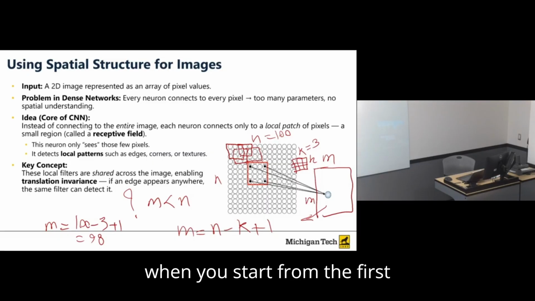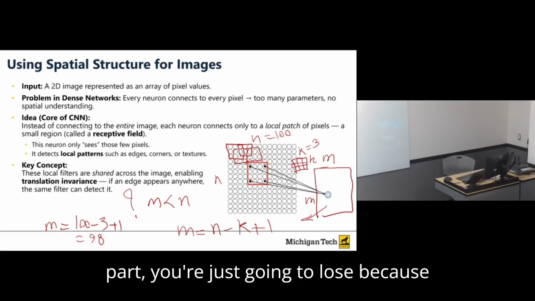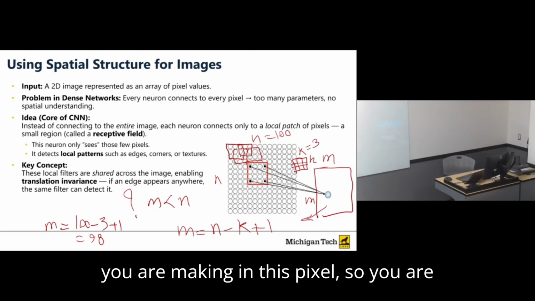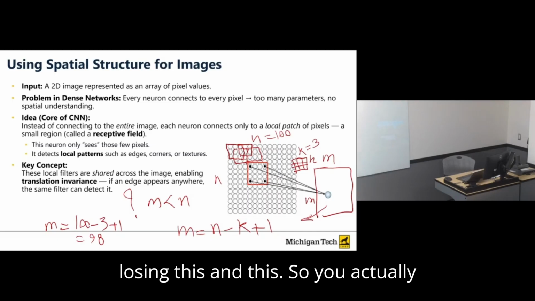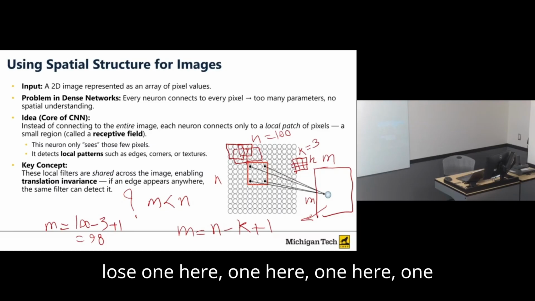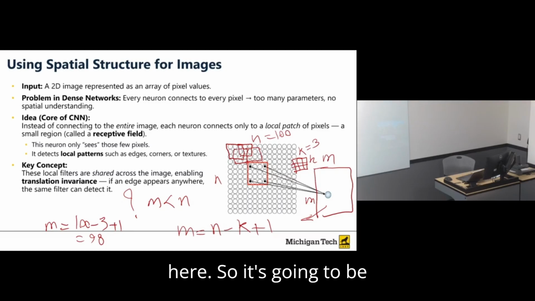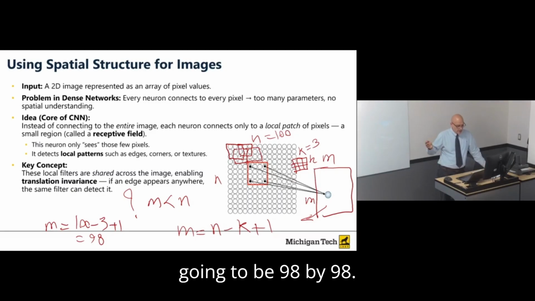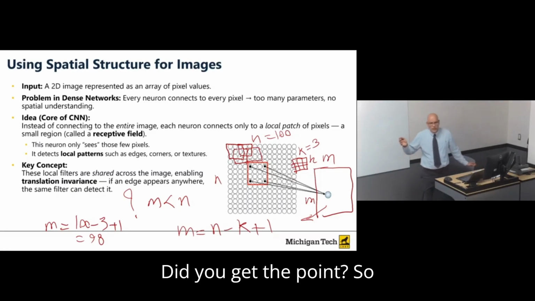When you start from the first part, you lose one here, one here, one here, one here. So it's going to be 98 on each side. So M is going to be 98 by 98. Did you get the point?